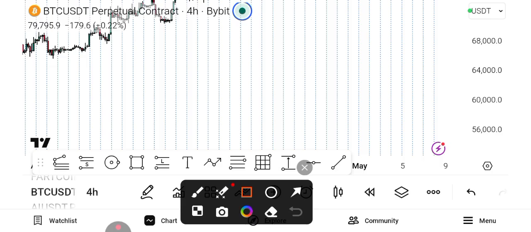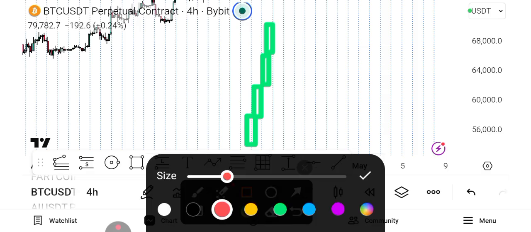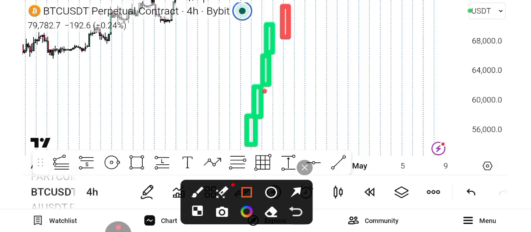Now the buyers are coming in, let me show you how it works. So this is just a simple illustration. Once it gets to the top, let's redo it again.